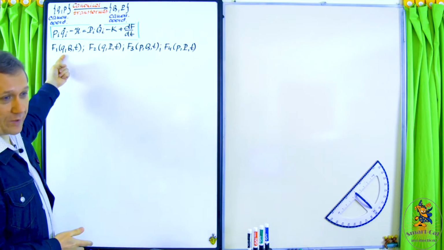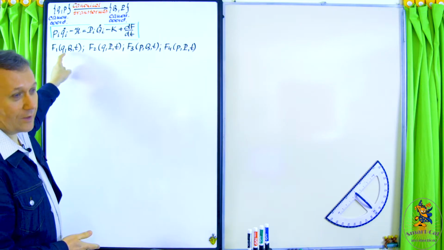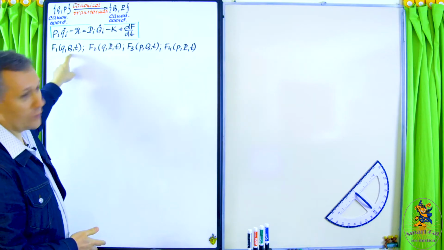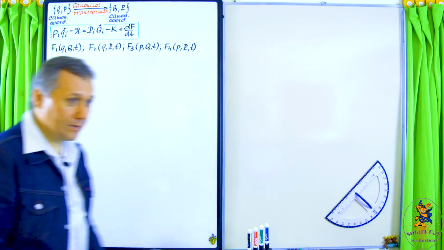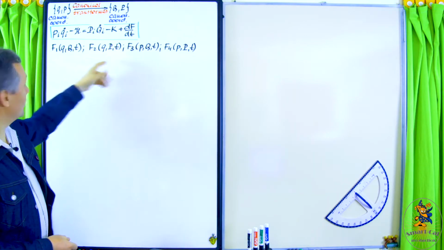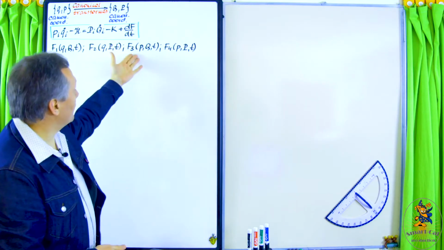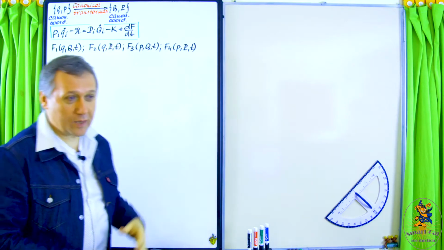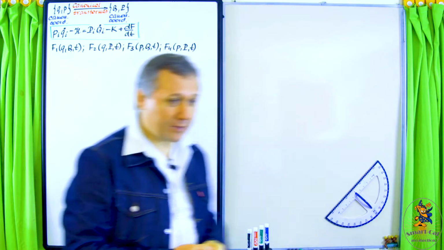In the first, 50% of coordinates from the old world, q small, 50% from the new world, Q capital, generating function of the first type. And then similarly, the second type, q small, P capital, so we just replace Q capital with P capital. Then the third one, p small, Q capital, and time, and the fourth one, p small, P capital, and time.